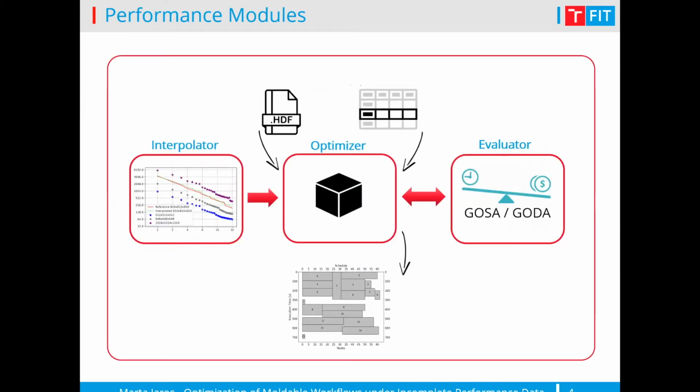So the input for the optimizer is the user input. Usually it's some kind of file that represents the workflow and collected performance data.